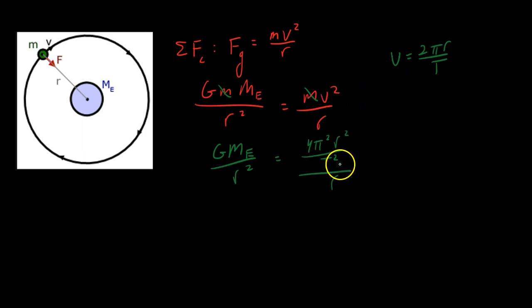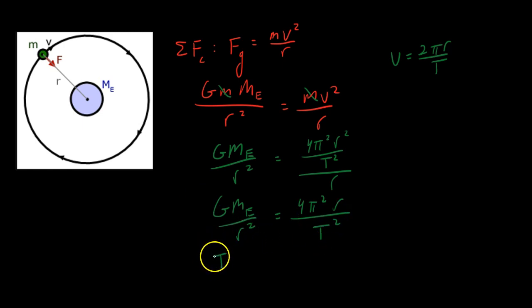That's me plugging in for v right here. If I simplify, that means I have G M_E over r squared equals just 4 pi squared, one of these r's cancels, r, over T squared. Now, I'm going to swing my T squared over here and my r squared over here.